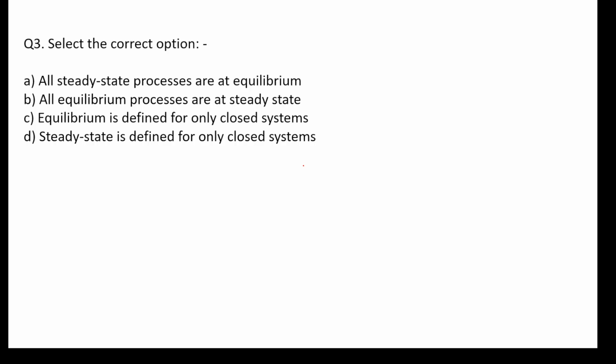Moving towards the next question, we need to select the correct option. The first option is all steady state processes are at equilibrium. All equilibrium processes are at steady state. Equilibrium is defined only for closed system, or steady state is defined only for closed system. So what can be the correct option in all of them?